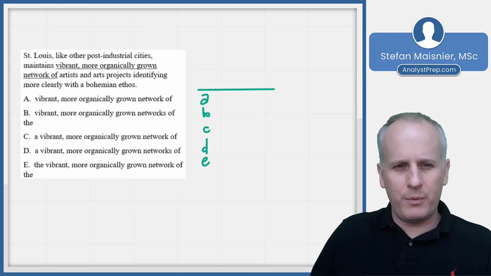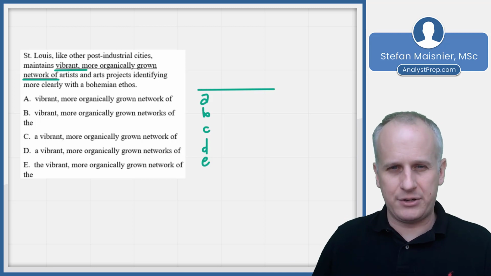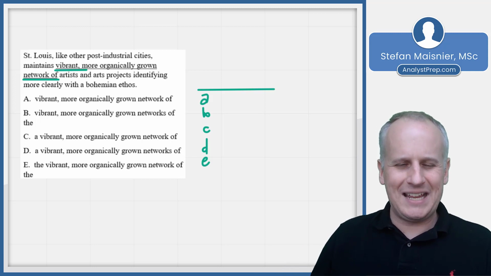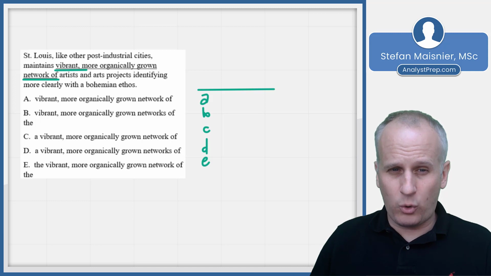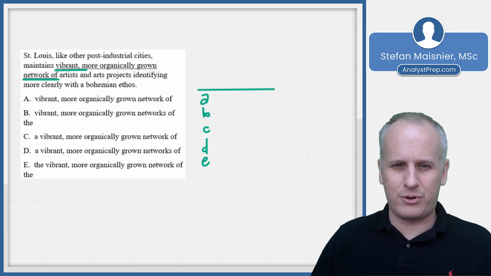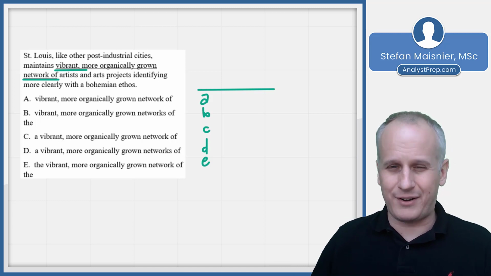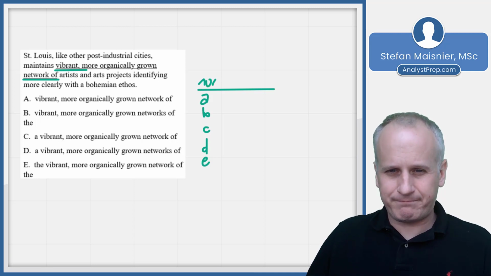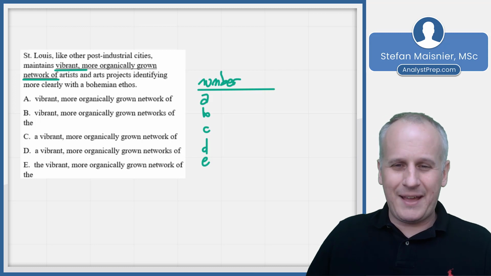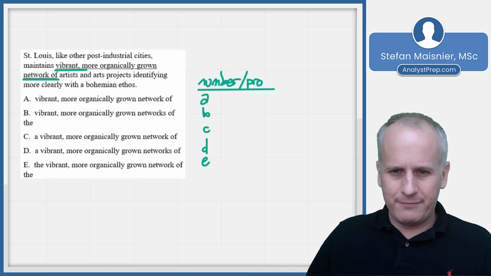So, we always want to clearly track number in any underlined portion. So, maintains vibrant, more organically grown networks of artists could work, or a vibrant, more organically grown network of artists. So right now, this is just an incorrect number. And that may lead me to a pronoun or article issue down the line.